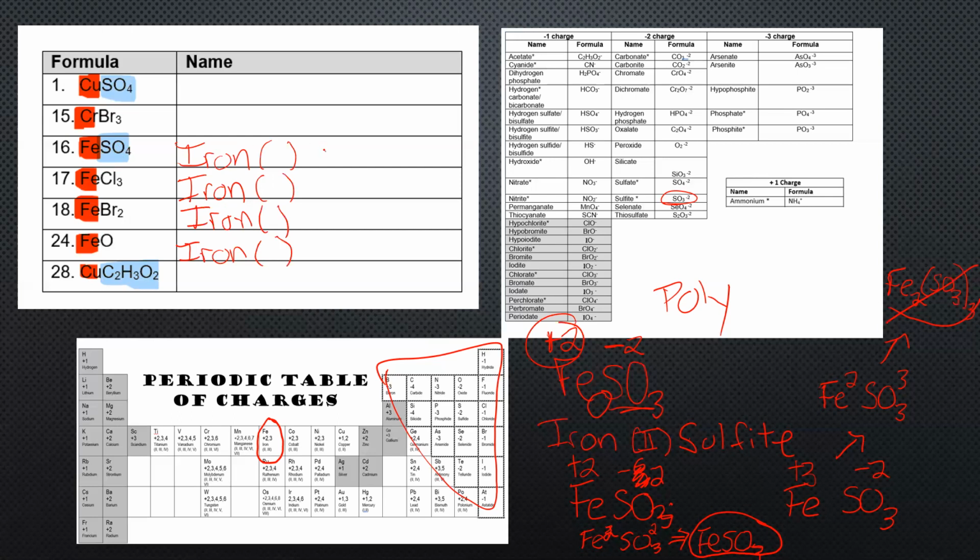Here, SO4 is sulfate. Cl would be chloride, Br bromide, and O would be oxide, from this area here.